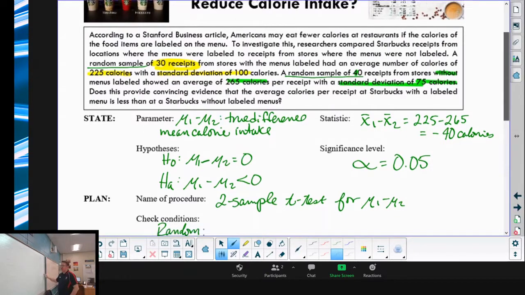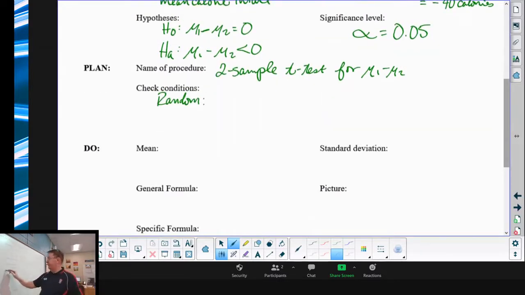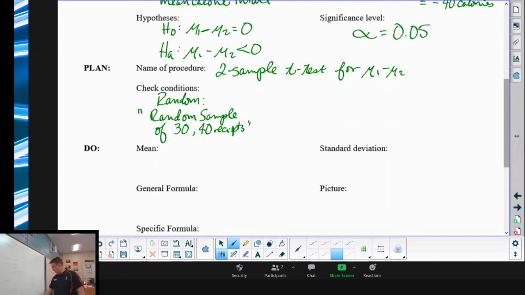So that is good enough for us. Random sample of 30, 40 receipts. So that one's met and worth a check.